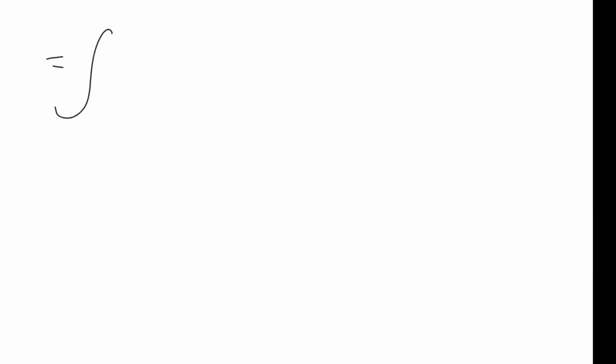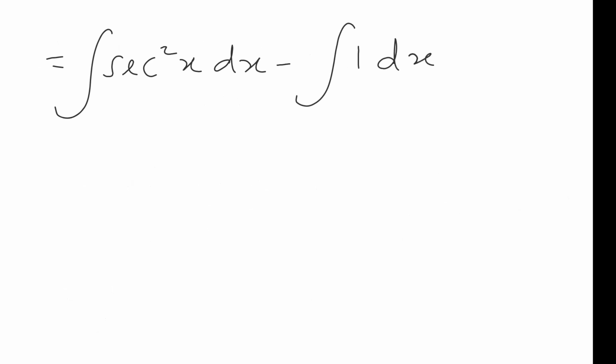So this will be integration of sec square x dx, integration of 1 dx. So this is tan x minus x plus c. Integration of sec square x is tan x, integration of 1 is x, and this is plus c.